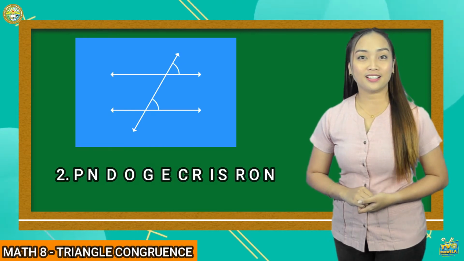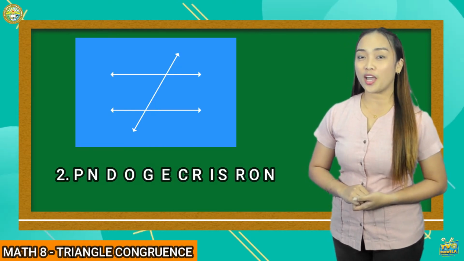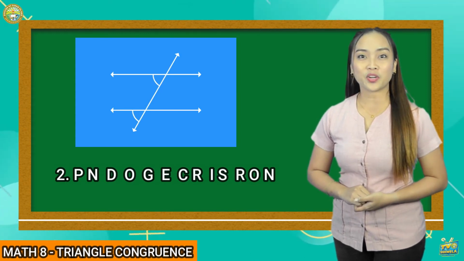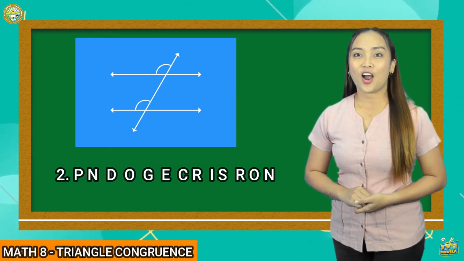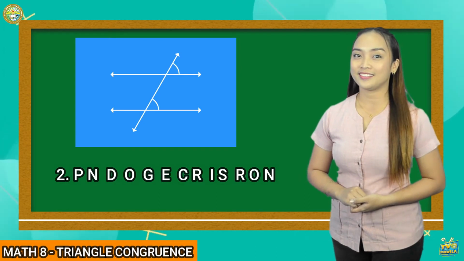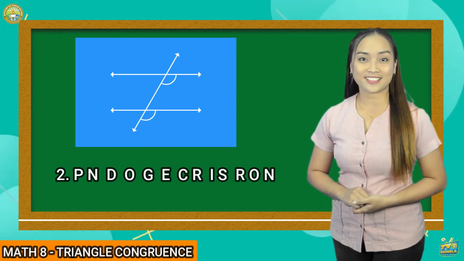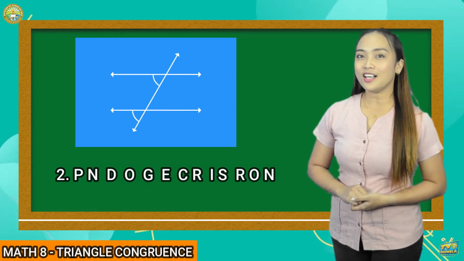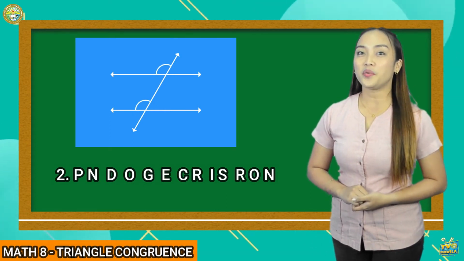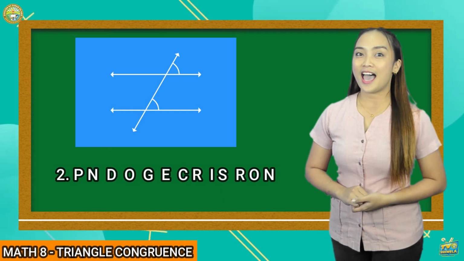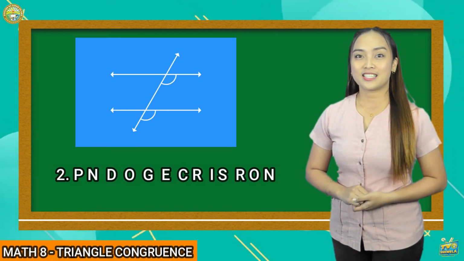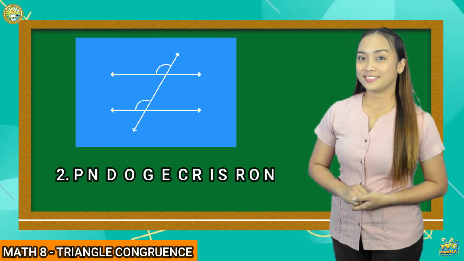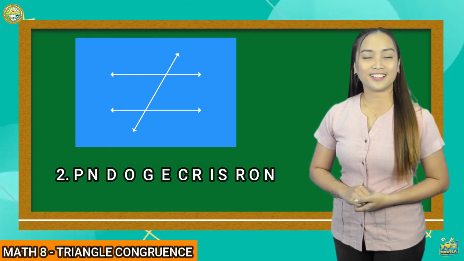For number 2, when an angle holds the same relative position as another angle somewhere else in the figure are said to be what pair of angles?